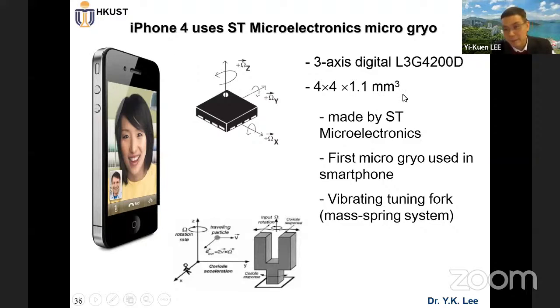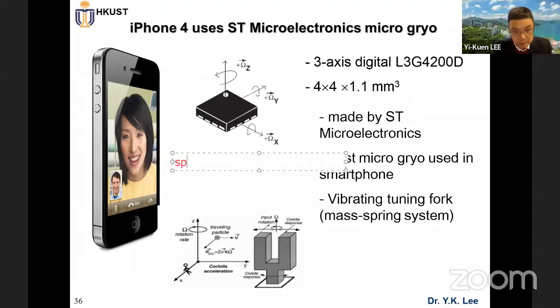The traditional gyroscope is very large, like a spinning mass system from probably World War II, quite important for navigation and control of airplanes, but that is being miniaturized.